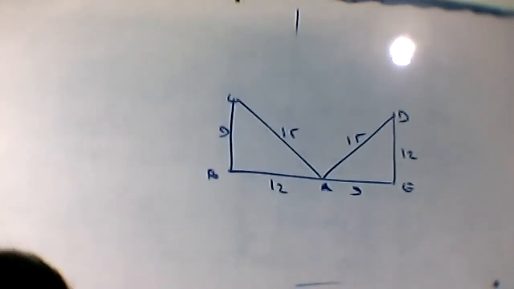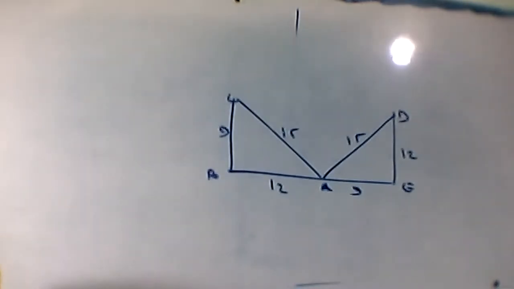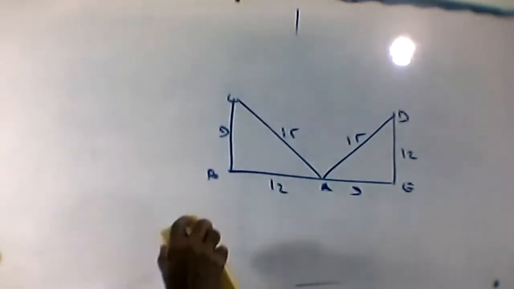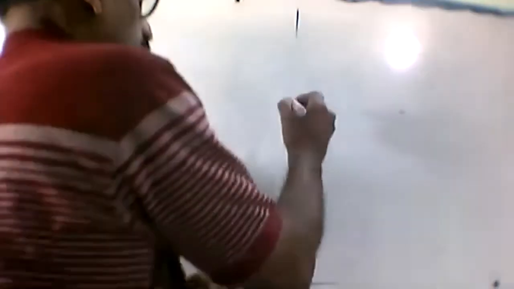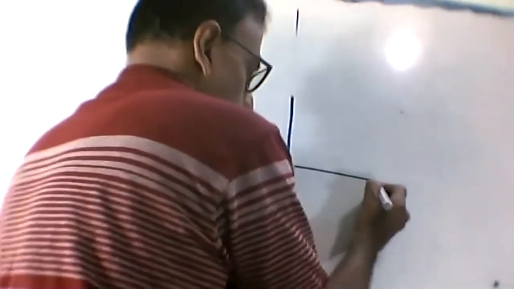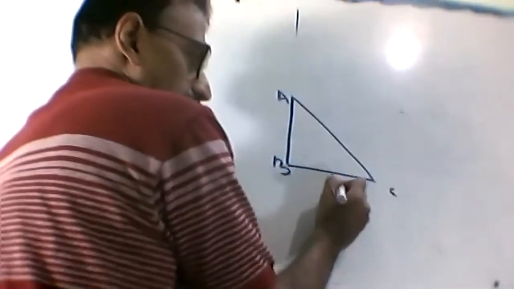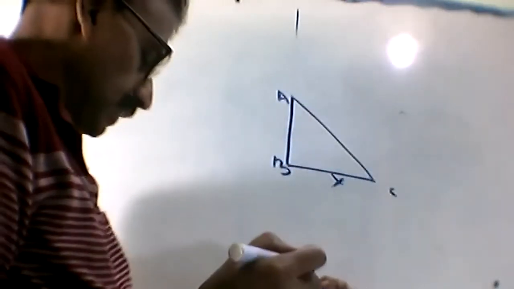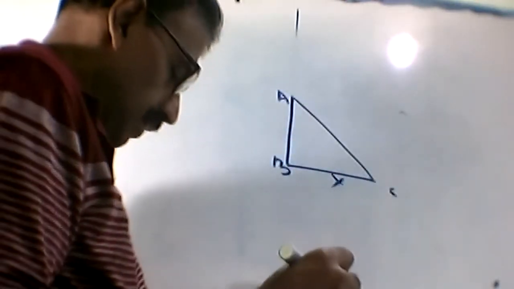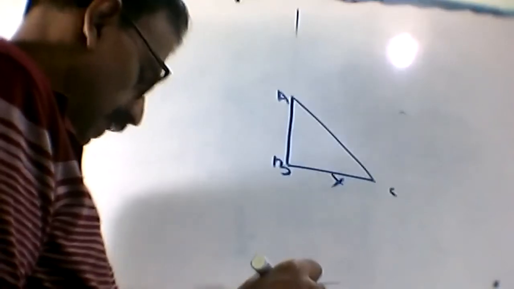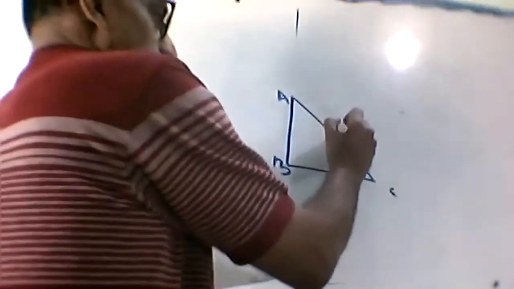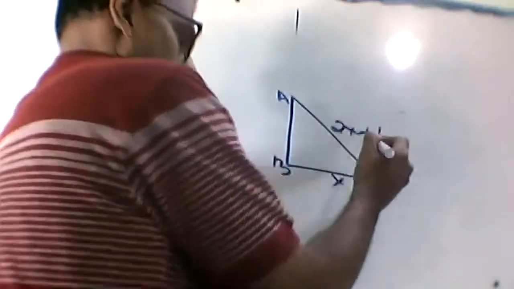Okay, so look at here. The hypotenuse of a right triangle is 6 meters more than twice the shorter side. Look at here. This is the shorter side, A, B, C. This is x. The hypotenuse is 6 meters more than twice the shorter side, so 2x plus 6.